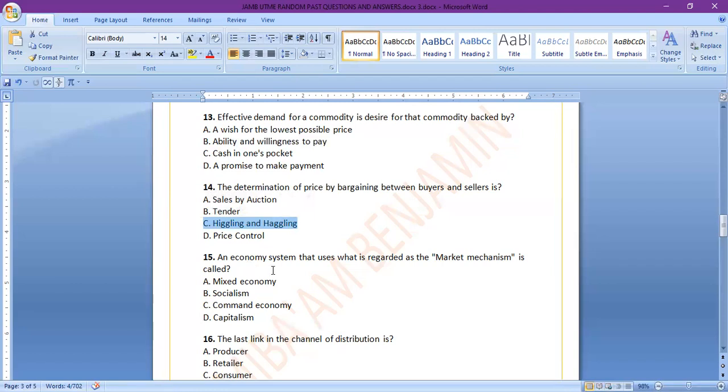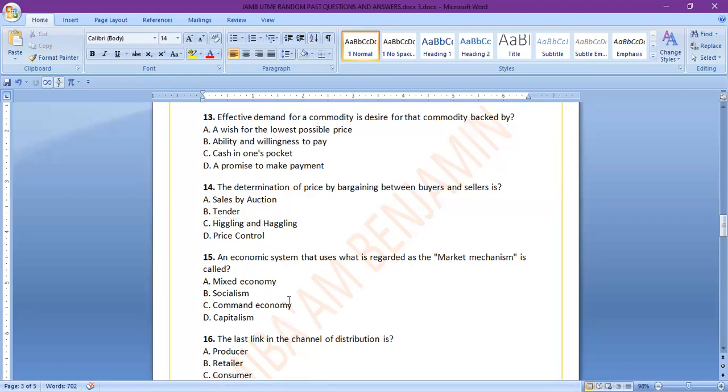Number 15, an economic system that uses what is regarded as the market mechanism is called A, mixed economy, B, socialism, C, command economy, D, capitalism.